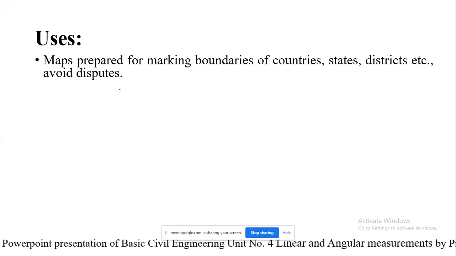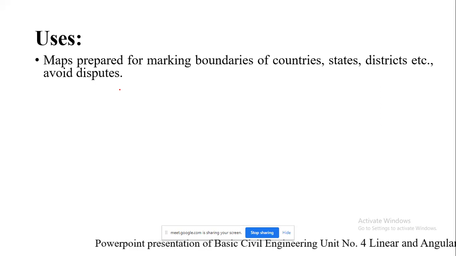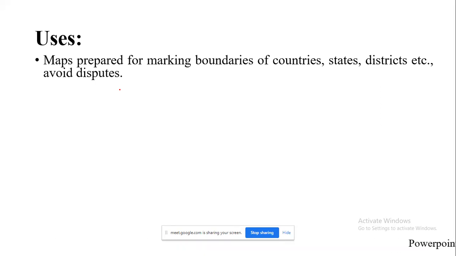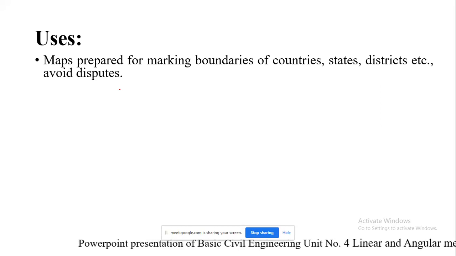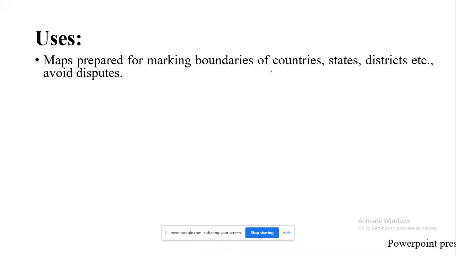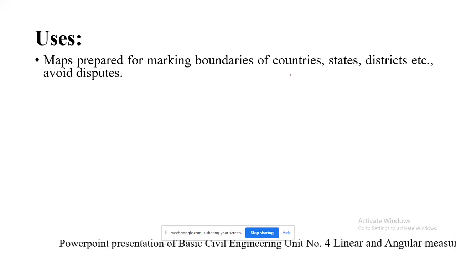You might have heard in the news that between two states, one particular area or district or taluka or part of a state is claimed by both, and due to that the conflict is going on between many states. Okay, so in order to do the marking, surveying is done. So that is linked with the local level, with states, it might also be of districts and also of countries.